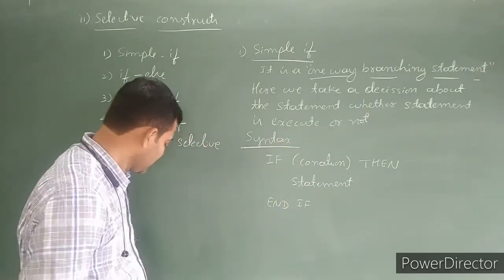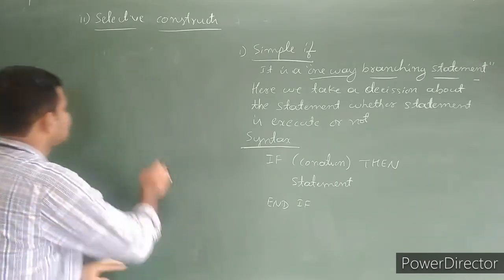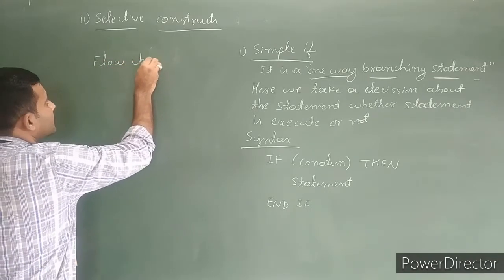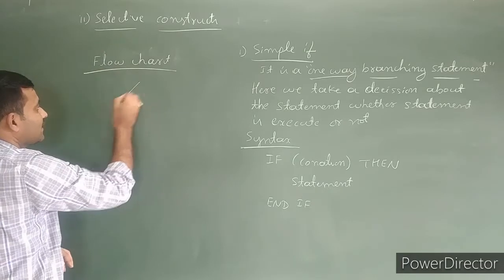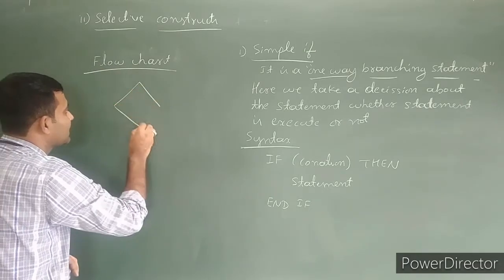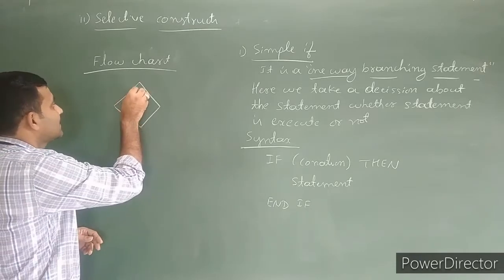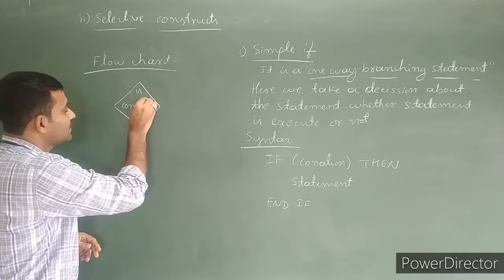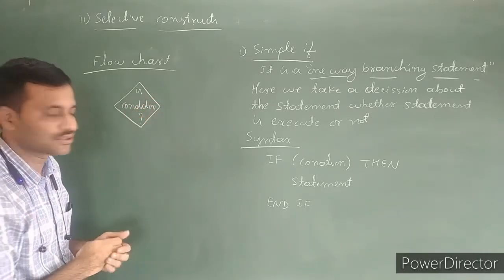Now follow the flowchart. First we have to take a decision, so that is the condition. The rhombus is used to represent a condition. Inside it we write the condition, either test condition or condition, then a question mark.